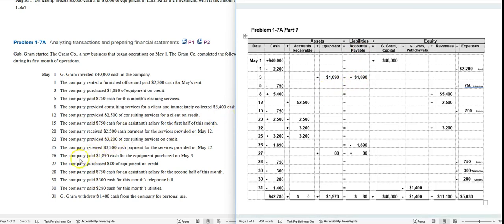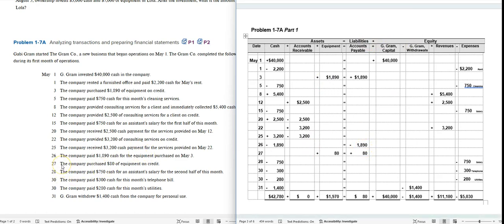Now, on the 26th, we are making payment for that purchase. We are not buying more equipment, we are paying off our liability. So this is simply cash decreasing, liabilities decreasing as well. Cash will be decreased and the liability will be decreased. Assets go down, liabilities and equity go down.